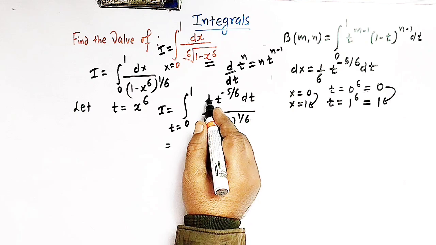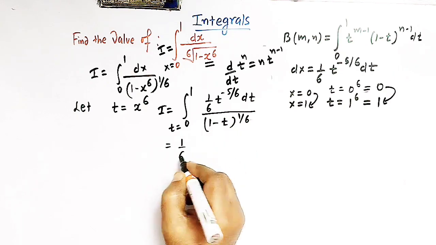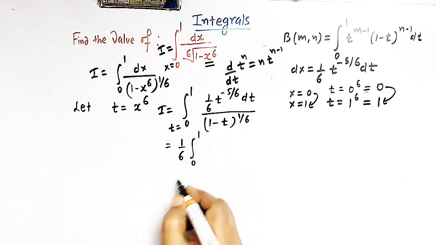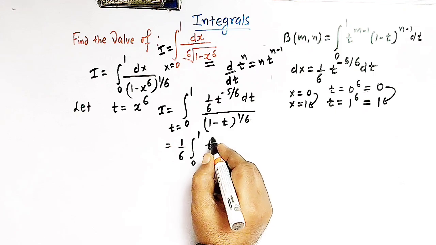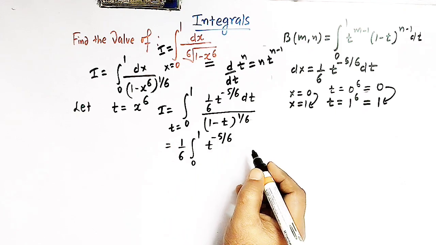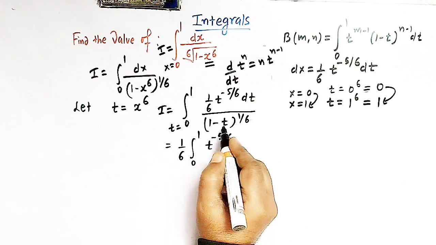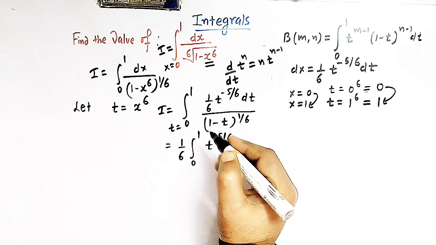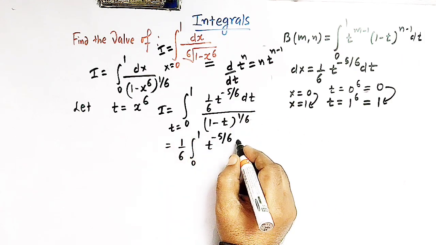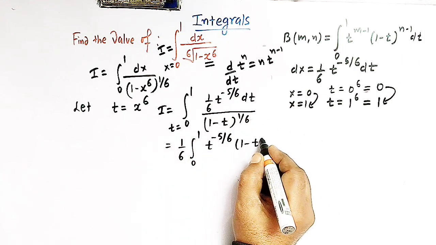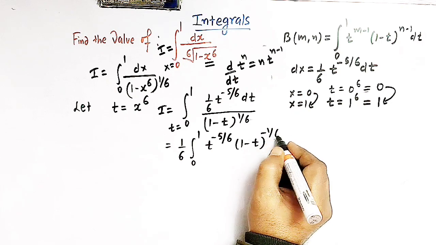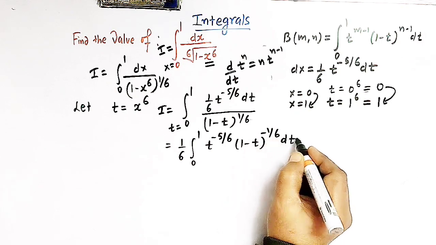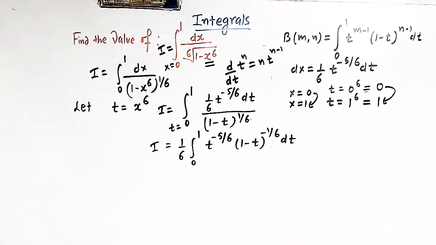So now taking 1 over 6 outside the integral, we have the integral from 0 to 1 of t raised to minus 5 over 6, and taking 1 minus t raised to 1 over 6 to the numerator, we can now write 1 minus t raised to minus 1 over 6, and here we have dt.